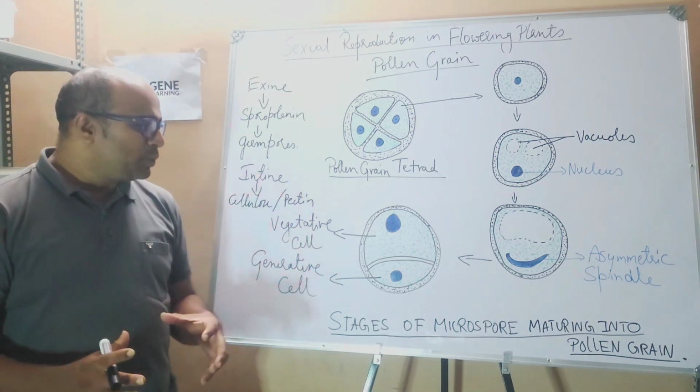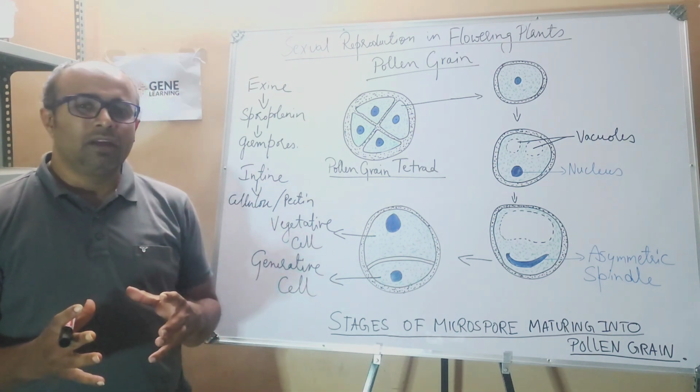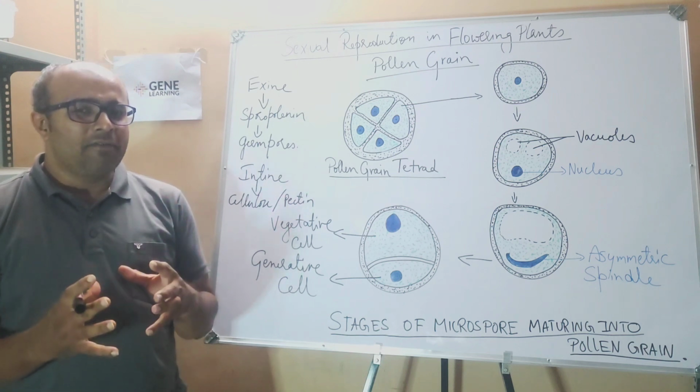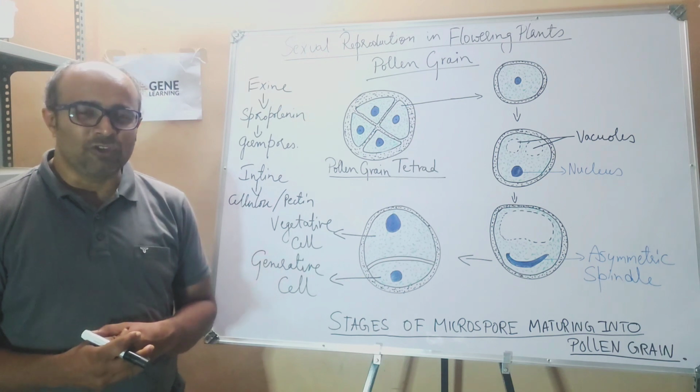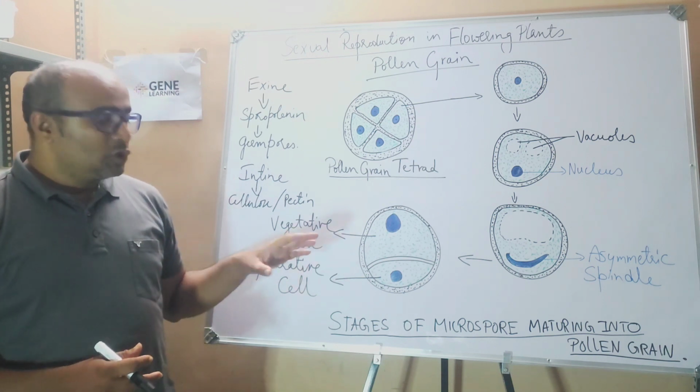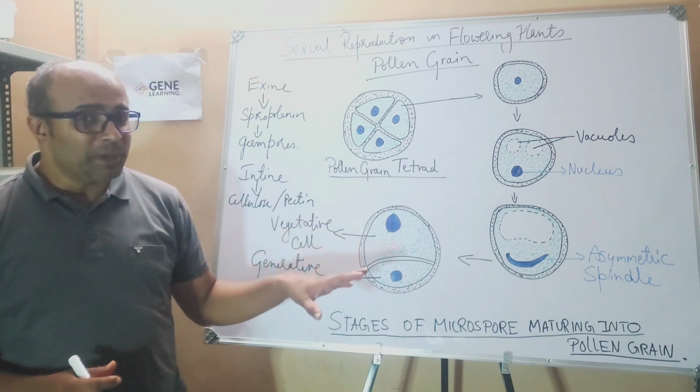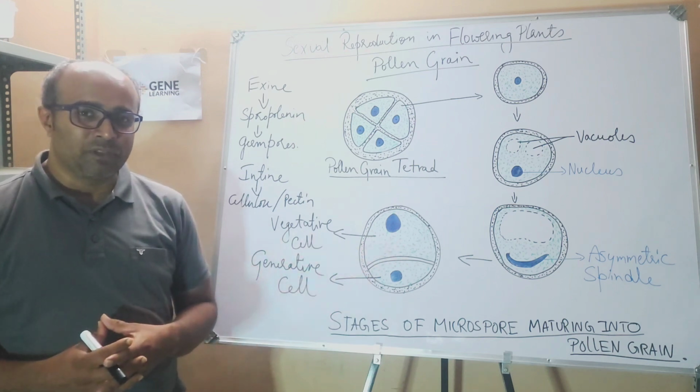As much as pollen grains have a very vital role to play in the sexual reproduction of angiosperms, for some people they are known to be harsh.